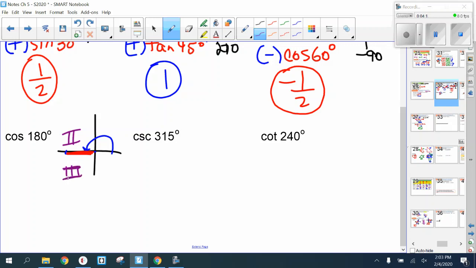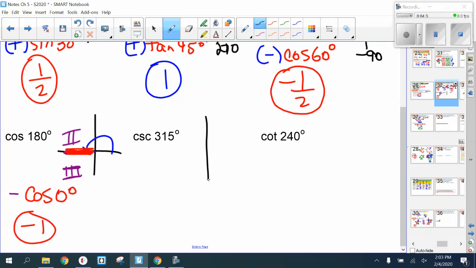But regardless, I know cosine is going to be negative over there because the x numbers are negative over there. So this is going to be negative. And since we're 0 away from the axis, it's the same thing as negative cosine 0. So again, go back to the chart. Cosine 0 is 1. You're going to have a negative 1.